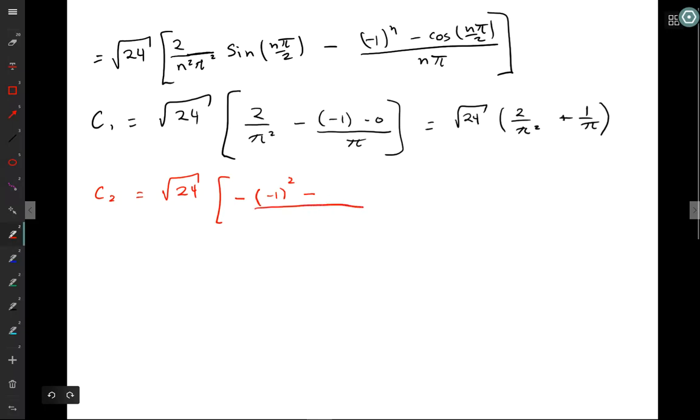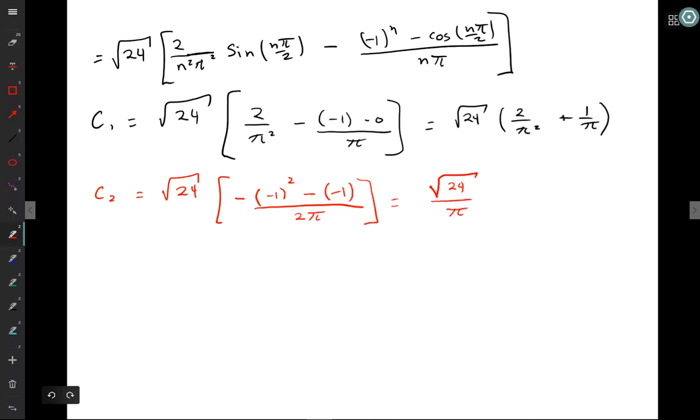And cosine of pi is -1, all over 2 pi. So that's +1 minus a -1, so +1 again. So that's +2 with the minus sign out front. 2 over 2 cancels, and it's just square root of 24 over pi.